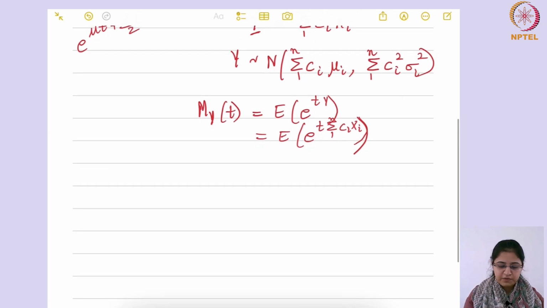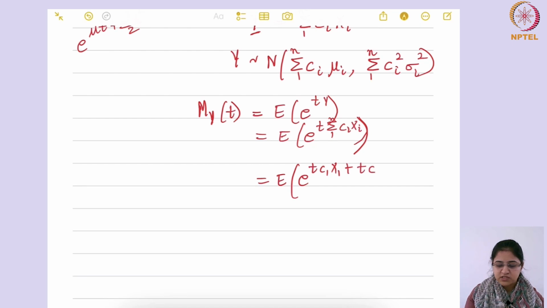Now if you expand this, what you will get is e power t times c1 x1 plus t times c2 x2 and so on up till cn xn. So if you look at that separately, it is the moment generating function of x1 at tc1.